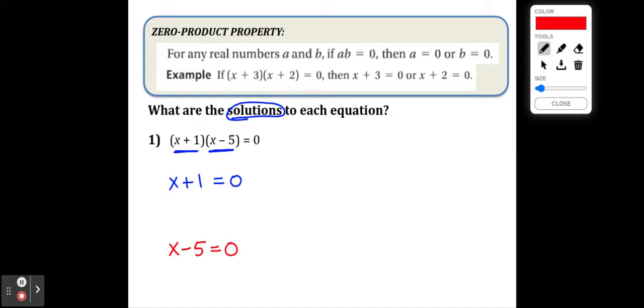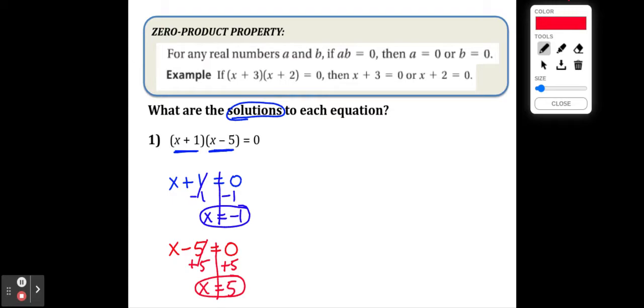Okay, so what I'm going to do here is just solve both of the equations that I wrote for x. And I get a solution of -1 here. And then here, I get a solution of 5. So I'm seeing that there's two solutions for x.